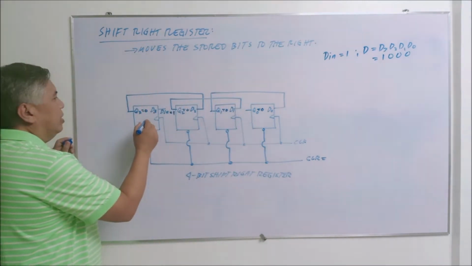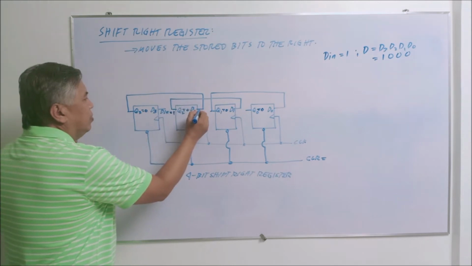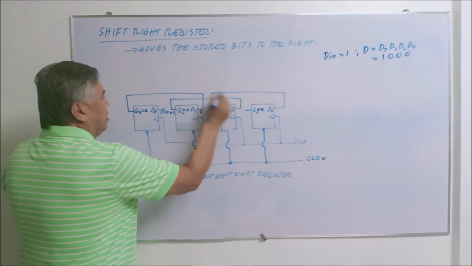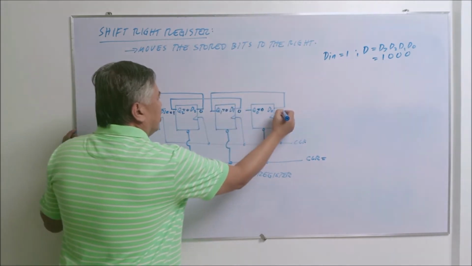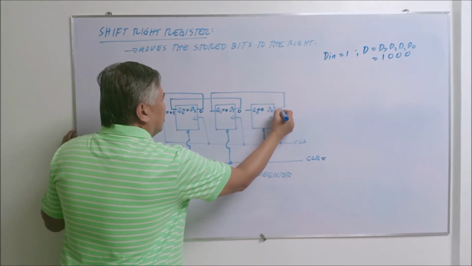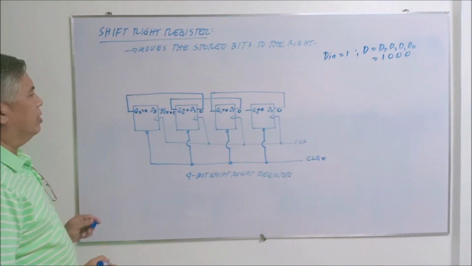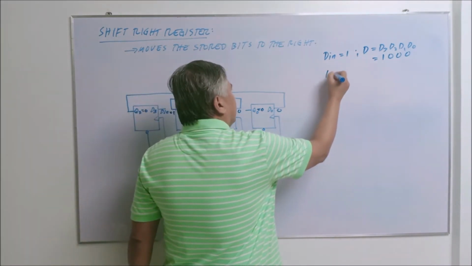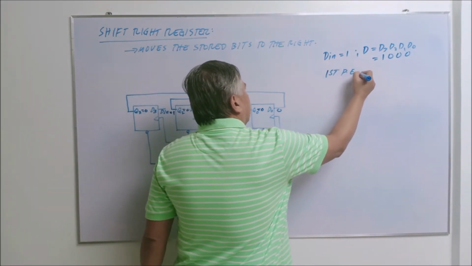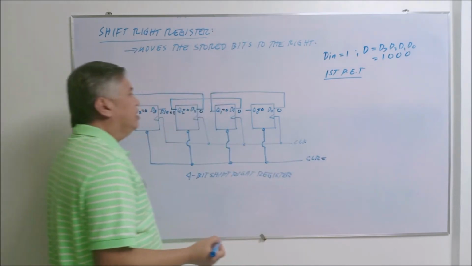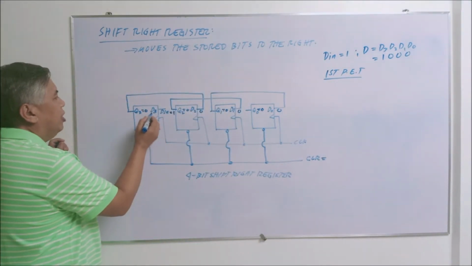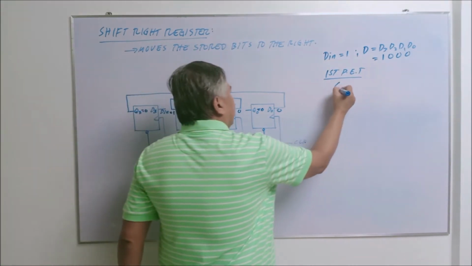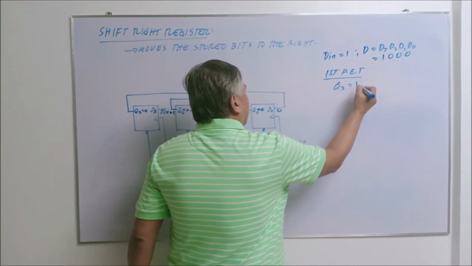If we trace it, D sub 2 will be 0, D sub 1 will be 0, and Q sub 1, which is 0, is connected to D sub 0. So that is the initial value of your D. On the first positive edge triggering of the clock, D implies Q. The value of D sub 3 is stored in Q sub 3, so Q sub 3 becomes 1.